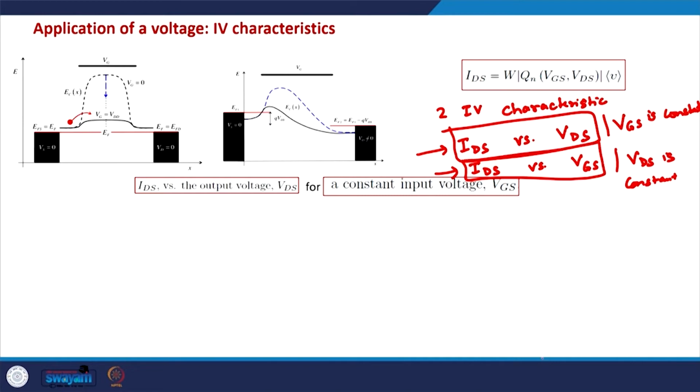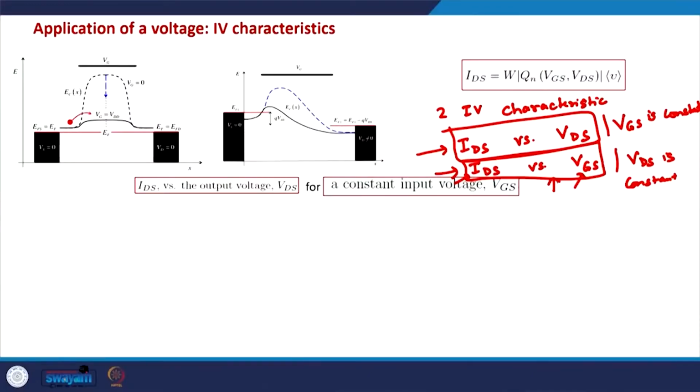It is as if we are trying to understand how this current is related to the voltage applied on the third terminal, which is not the terminal through which the current flows between the source and the drain. So if we plot IDS versus VGS, it means that we are trying to understand the impact of VGS, the impact of the third terminal, and that is why it is also known as the transfer characteristics.